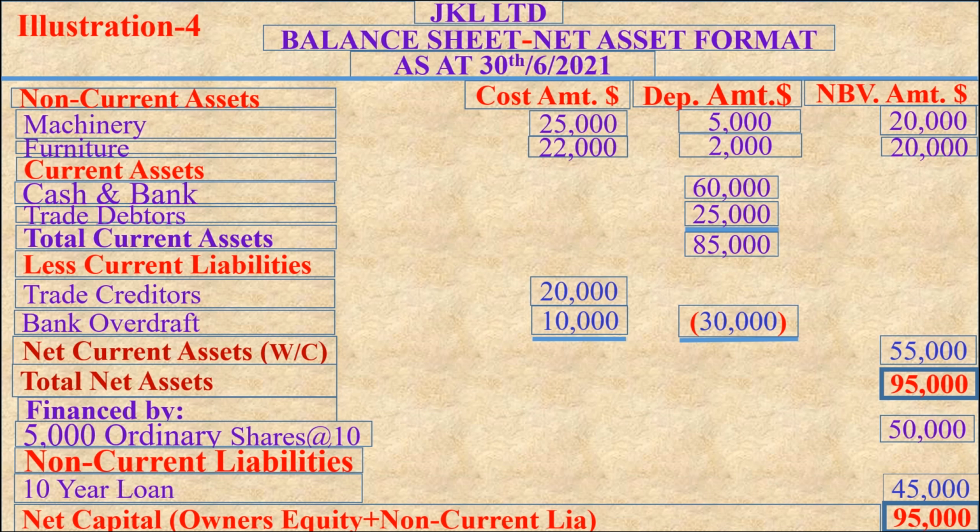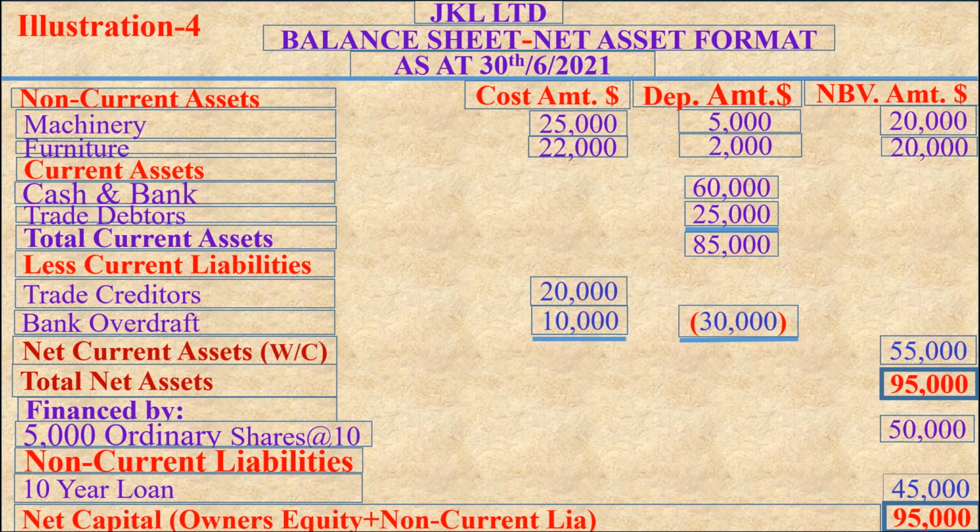In illustration 4, we are going to demonstrate how the net asset format is presented. So I'm going to use again the JKL Limited balance sheet information as at 30th June 2021.